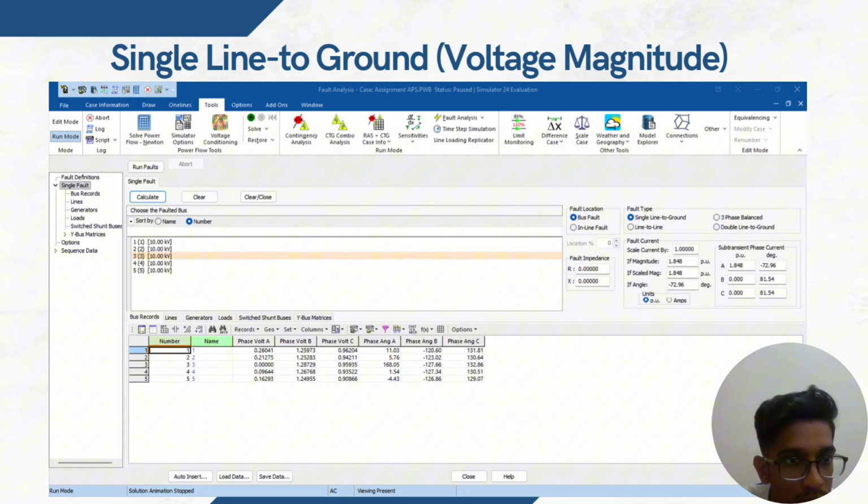Our sub-phase current for A is 1.843 with an angle of negative 72.96 degrees, for B the per unit value is 0 and the angle is 81.54 degrees, and C is the same as B.